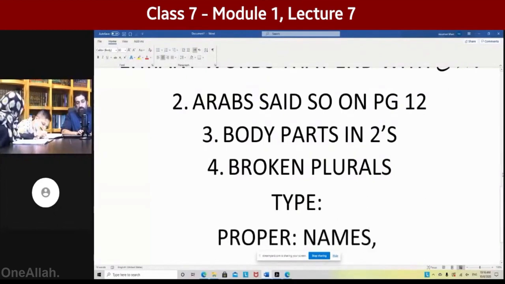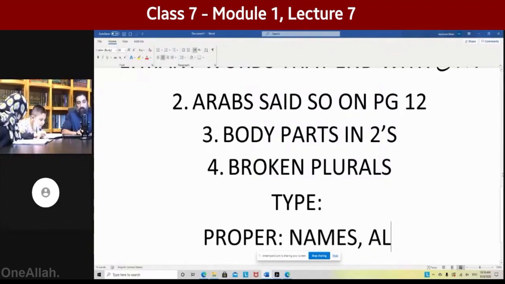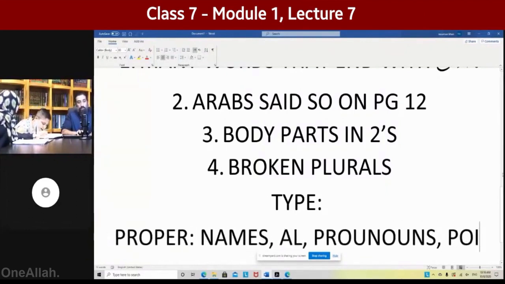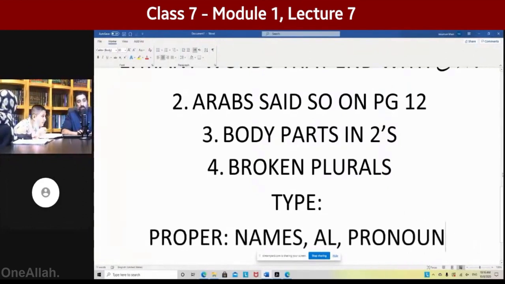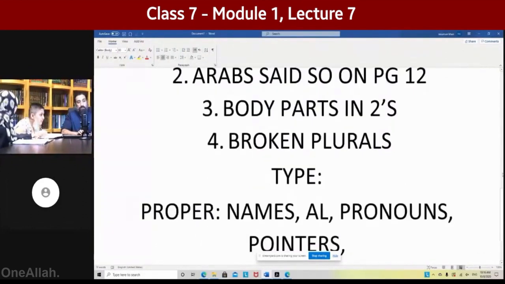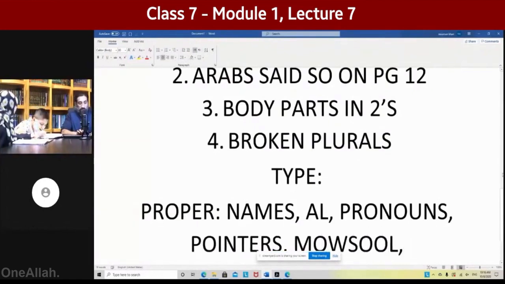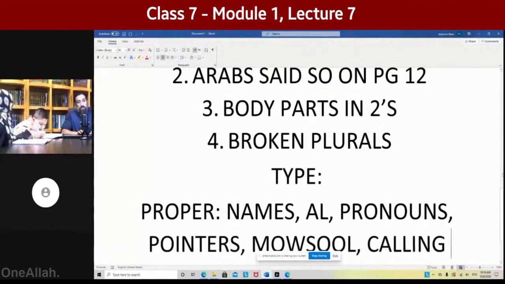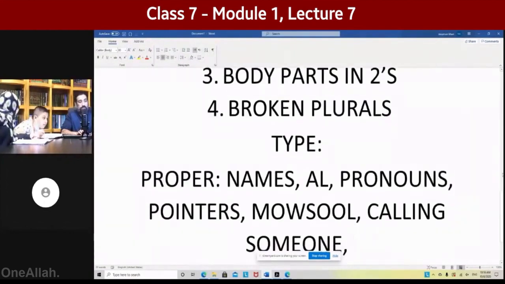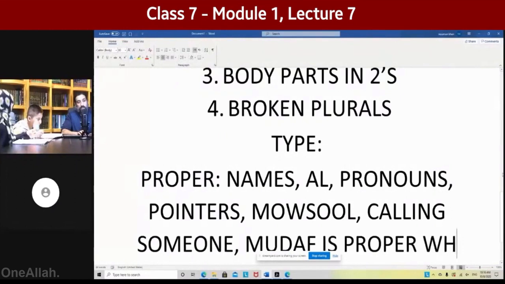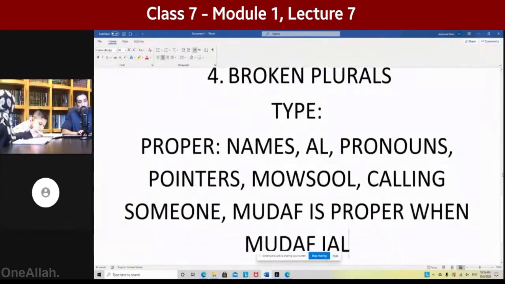There were names, al in the beginning, pronouns, pointers, Mosul, which we didn't really explain and we won't yet, calling someone, and the mudaf is proper, when mudaf ilay is proper.